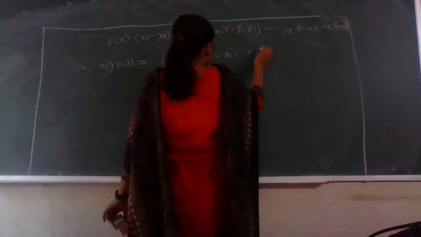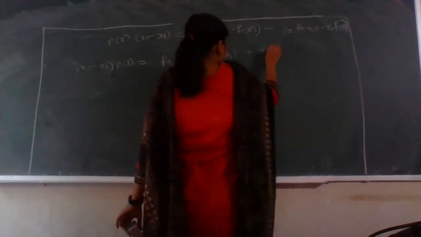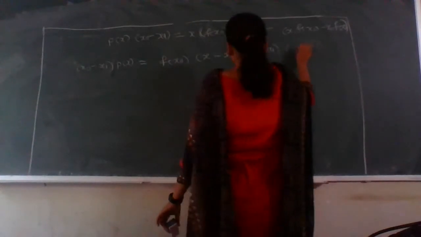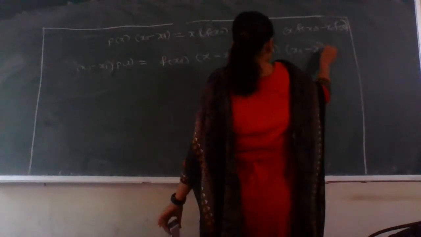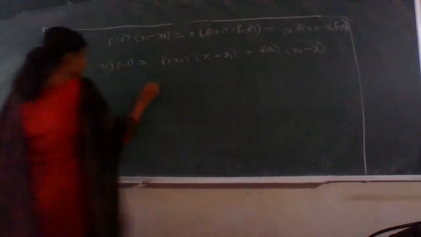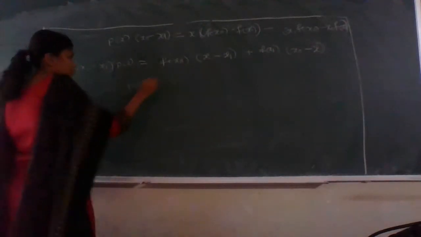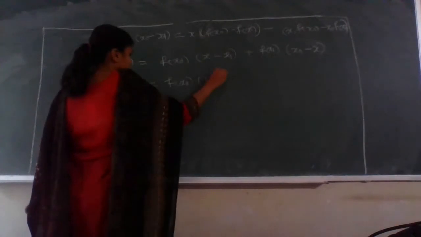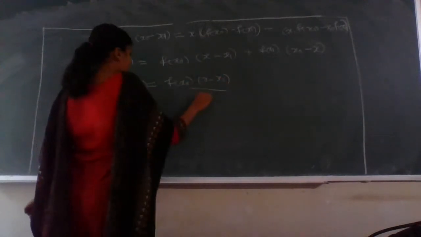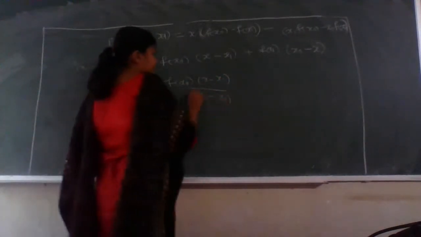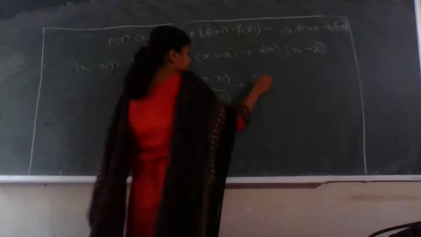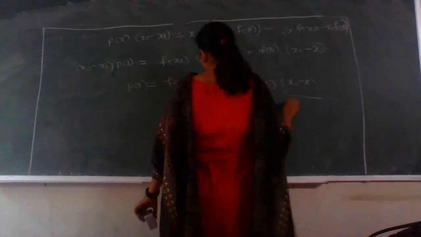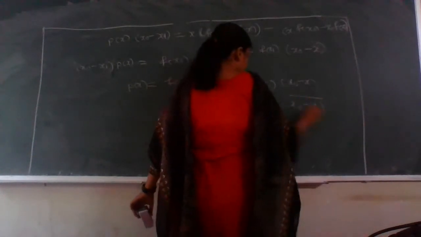Plus, if I take f of x1 common, it means here x naught minus x. Correct? So now let me write down p of x is equal to f of x naught into x minus x1 divided by x naught minus x1, plus f of x1 into x naught minus x divided by x naught minus x1.